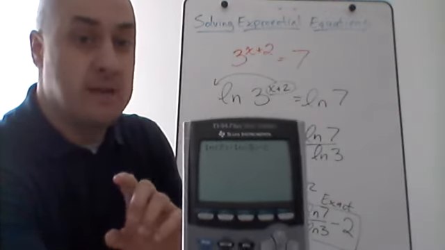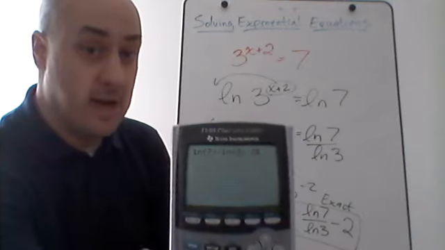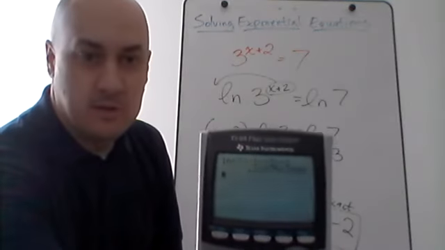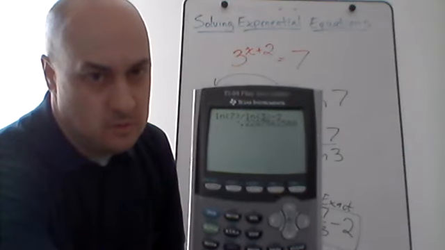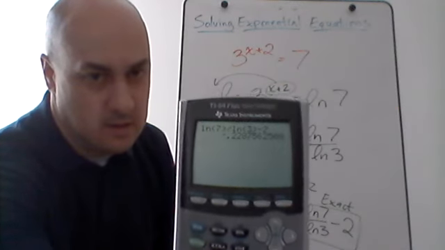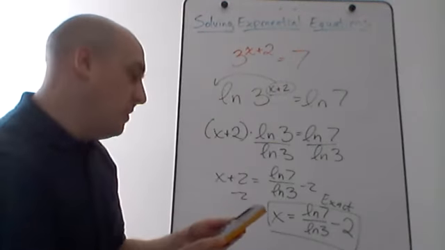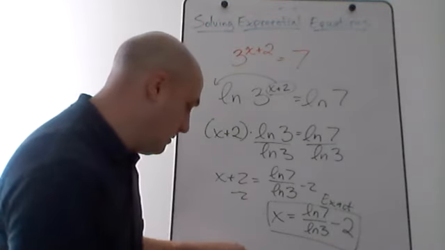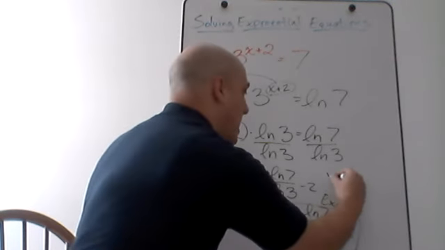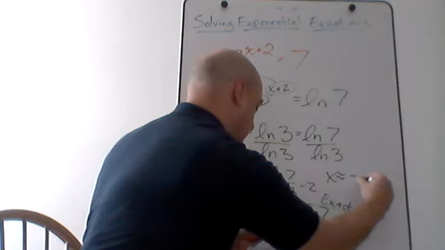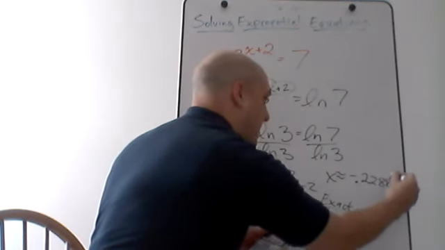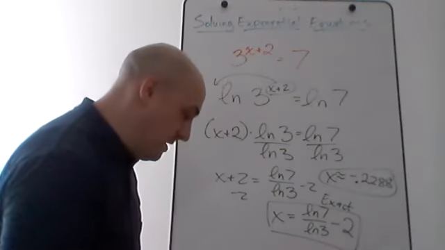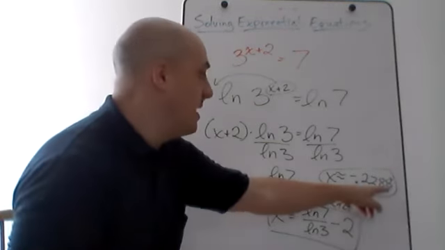Calculate that, then divide by the natural log of 3, calculate that, and then subtract 2, and I get approximately negative 0.22875. All right, so x is approximately equal to negative 0.2288 if I round it to 4 decimal places. It was 875, but that 5 tells me to round that last 7 up to an 8.